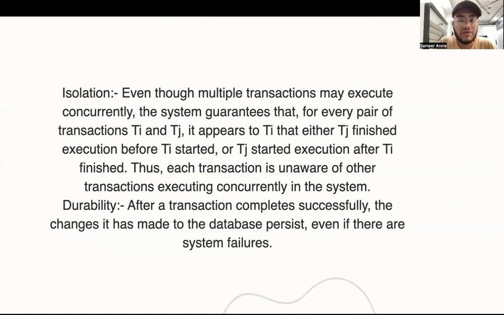It means that though transactions may not occur concurrently, if they do, it guarantees that both Ti and Tj, if for example there are two transactions, are unaware of the other transactions happening in the system. Also, the last property is durability.